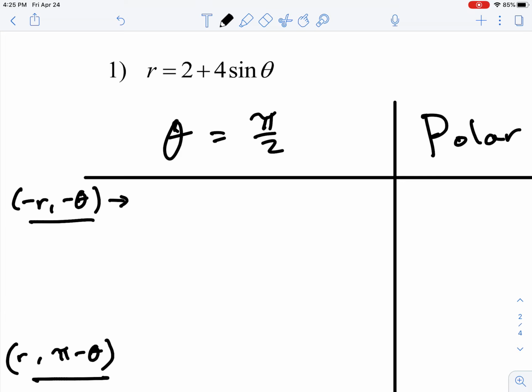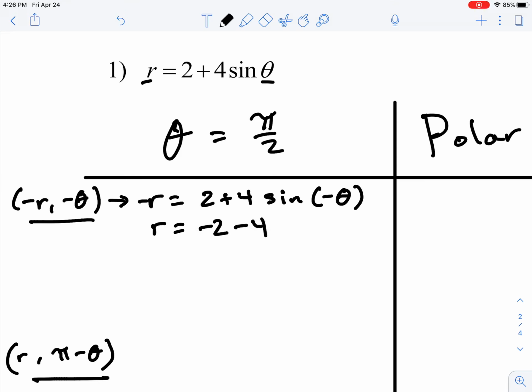So the first equation, r equals 2 plus 4 sine theta, we're going to go ahead and replace r and theta with negative r and negative theta, which would give us negative r equals 2 plus 4 sine of negative theta. If I clean this up a little bit, I'm going to divide everything by negative 1. So r equals negative 2 minus 4 sine of negative theta.